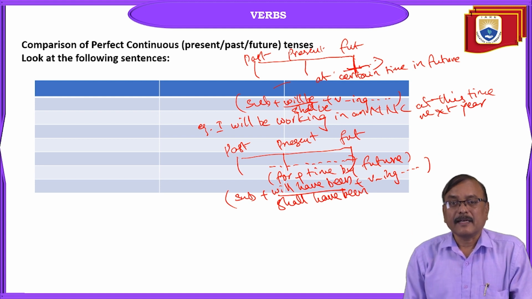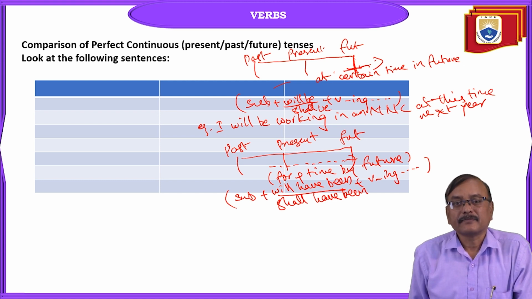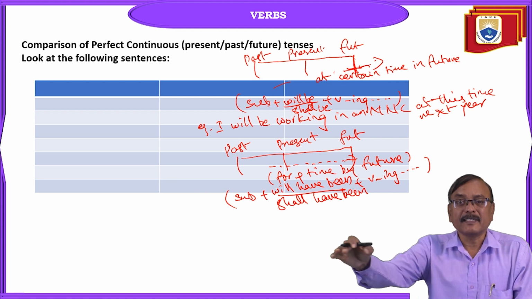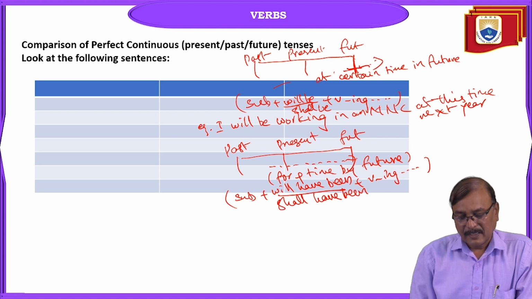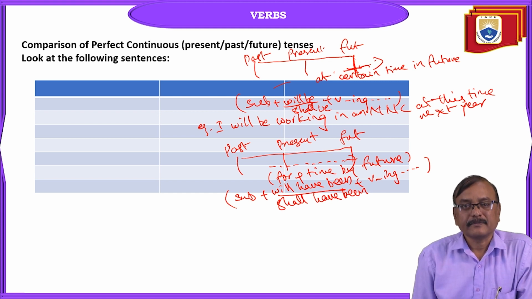Okay. Right? Next July 12th. Next year, July, at this moment, I will be working as an officer in an MNC, multinational company.